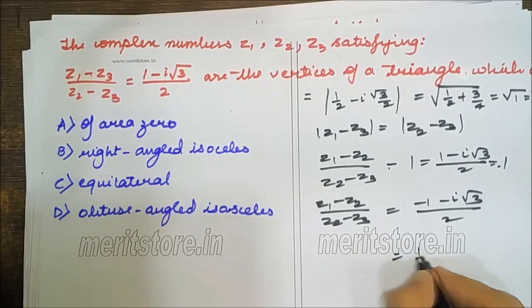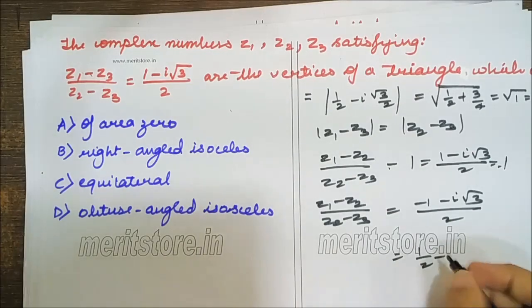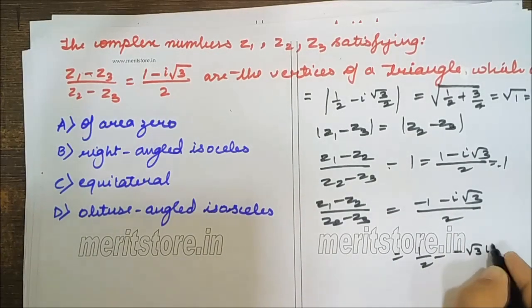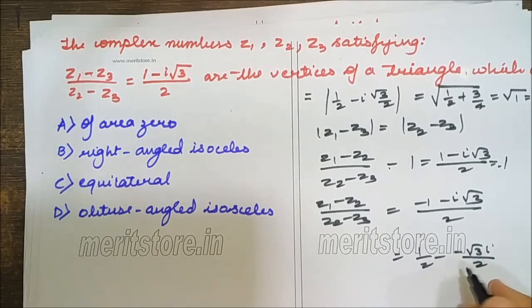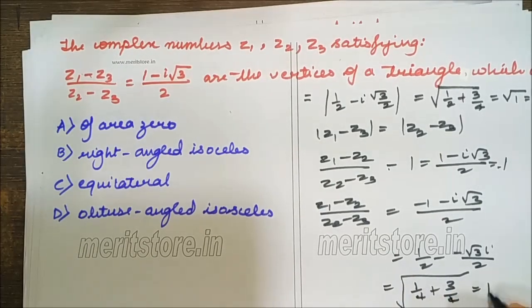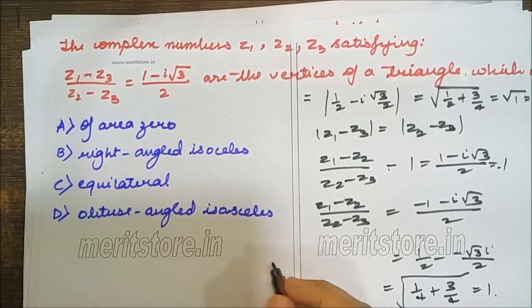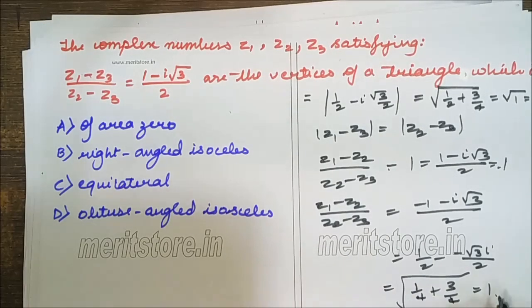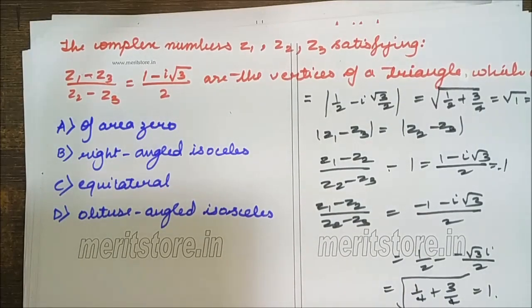So 1 upon 2 minus root 3i upon 2, that is 1 upon 4 plus 3 upon 4, that is equal to 1. So in this you find this is also equal to 1.